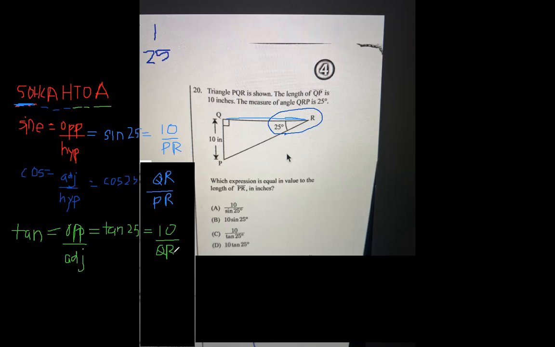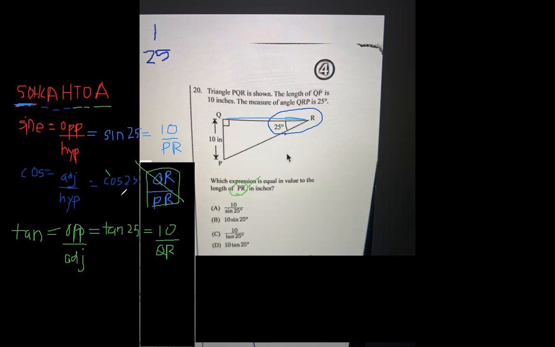Now, the question asks, which expression is equal to the value of the length PR in inches? So we need to find the one that is going to give us our value for PR. Now, for cosine, we have two unknowns, so we're not going to use cosine.